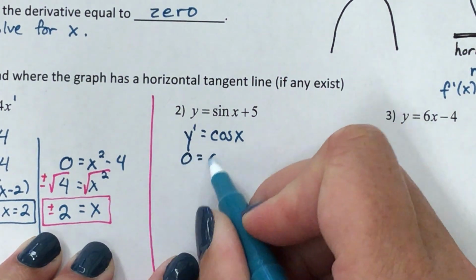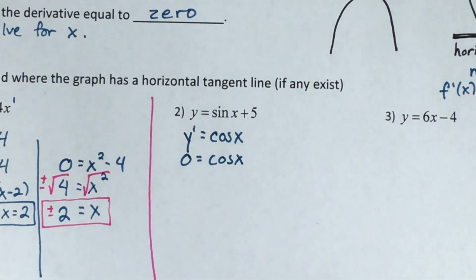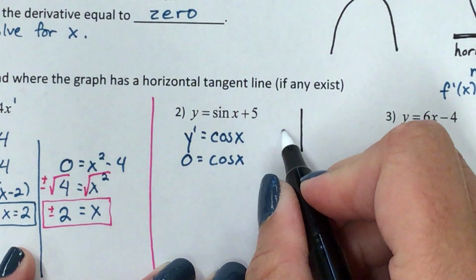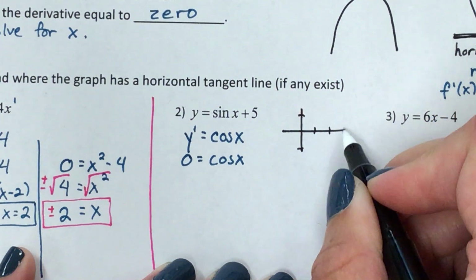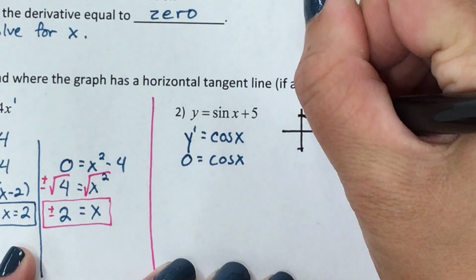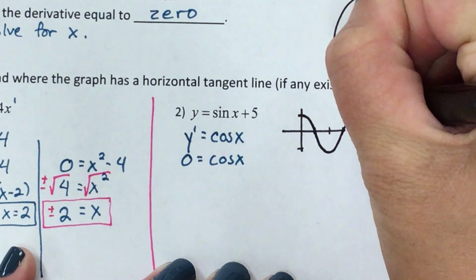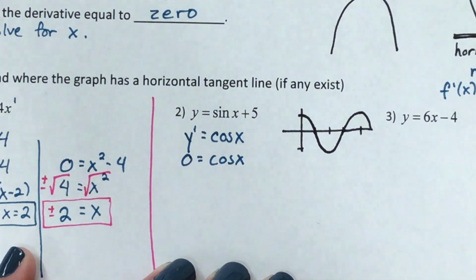Set cosine x equal to 0. And then we solve for x. Where does the cosine of x equal 0? I'm going to graph it just to get that little memory jog. Graphing cosine. Cosine starts at 1. So it starts up here, goes down here, and then back up, and then kind of goes that way and keeps on going.